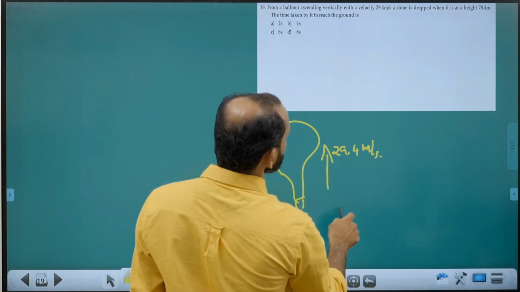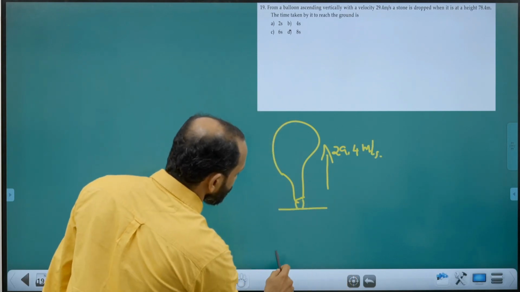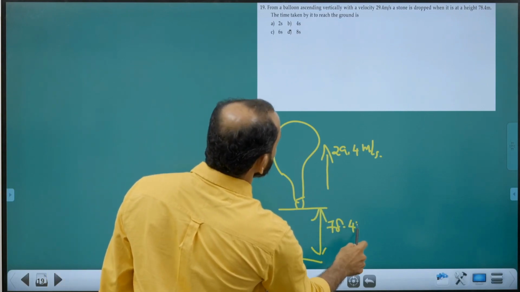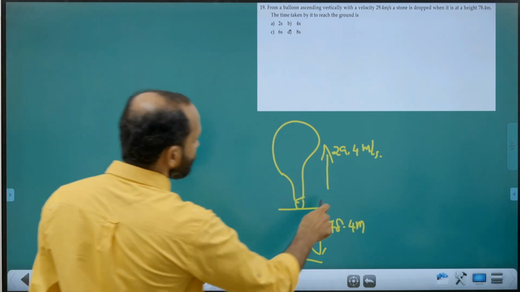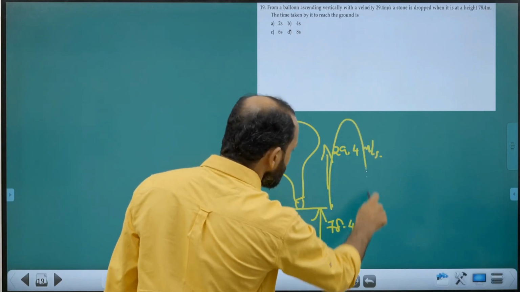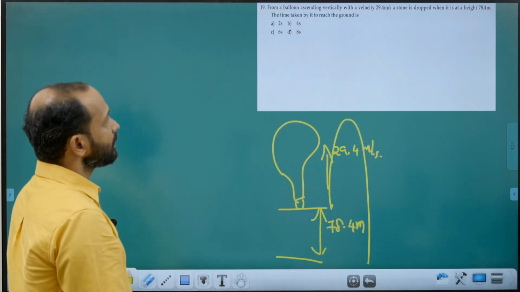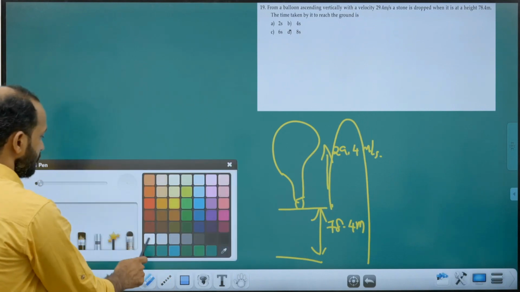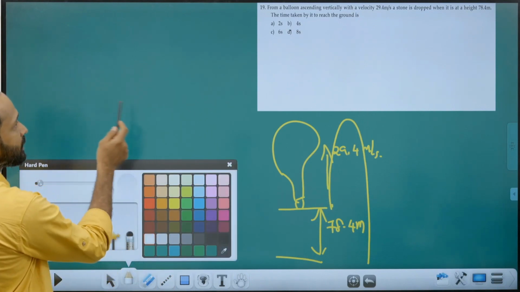Stone is dropped when it is at a height of 78.4 meter. The ball follows this path. As earlier we have used in another problem, the same method we have to use.